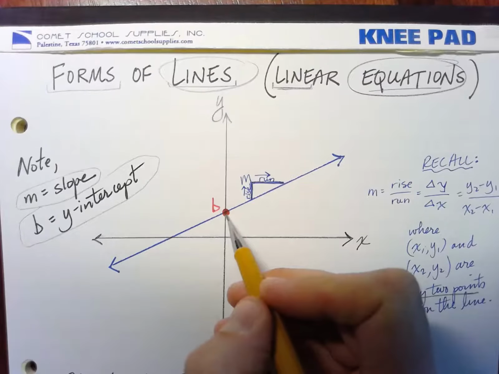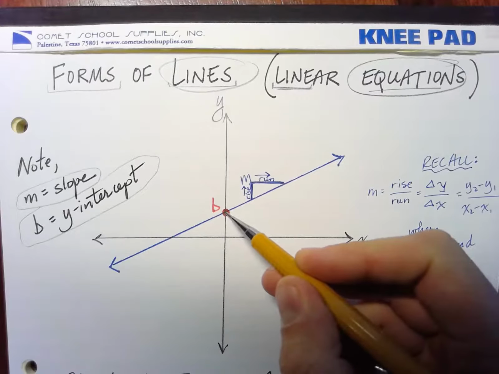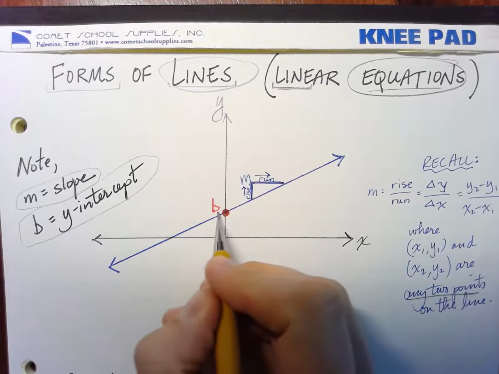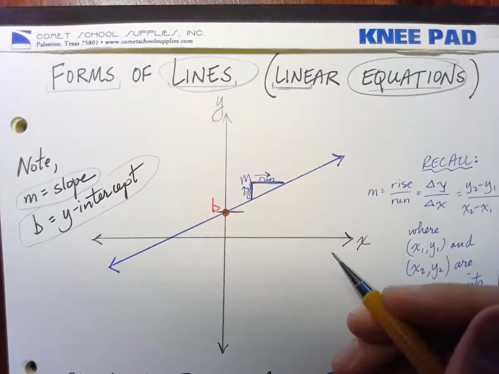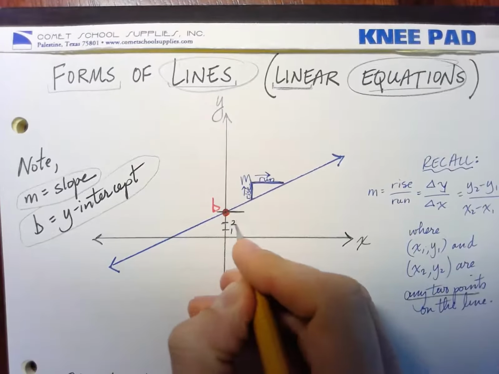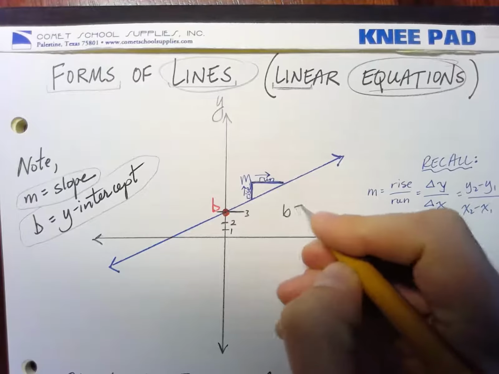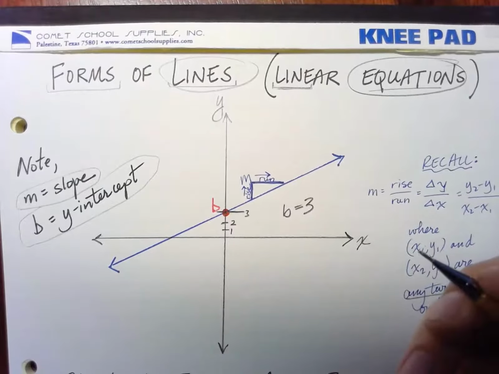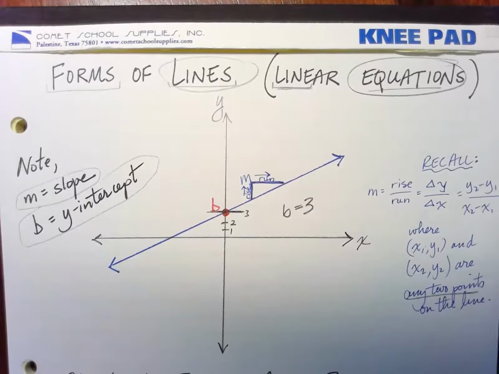And right here, where it crosses the y-axis, that is what I'm going to call the letter b. It's just whatever coordinate it is on the y-axis. If I'm counting up 1, 2, 3 and it crosses at 3, then in this case b would equal 3. It's just the y coordinate where it crosses the axis.